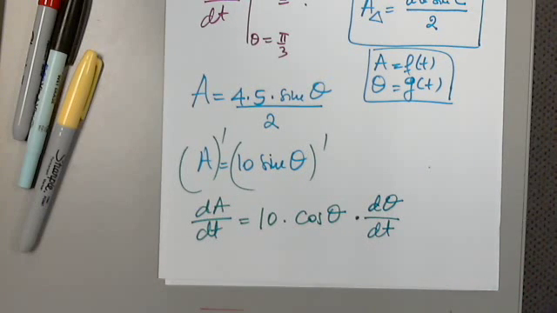Because it's the sine of a function, so the derivative is cosine of the function times the function prime. And the problem is done almost.